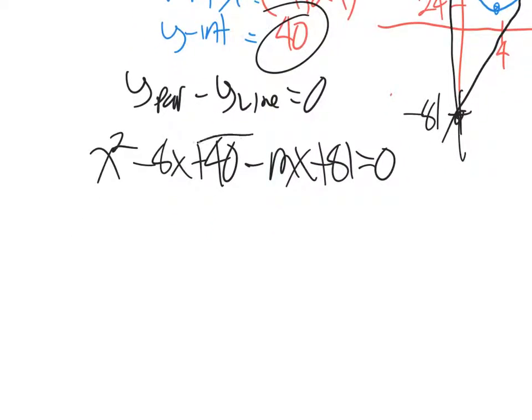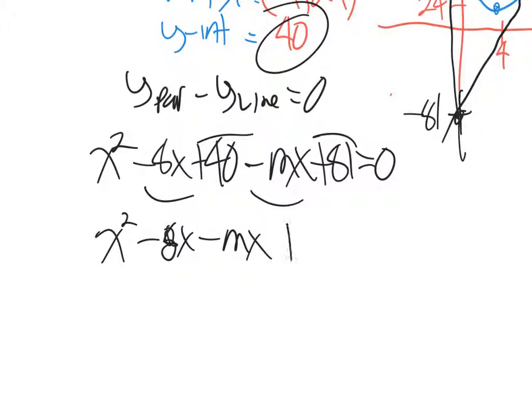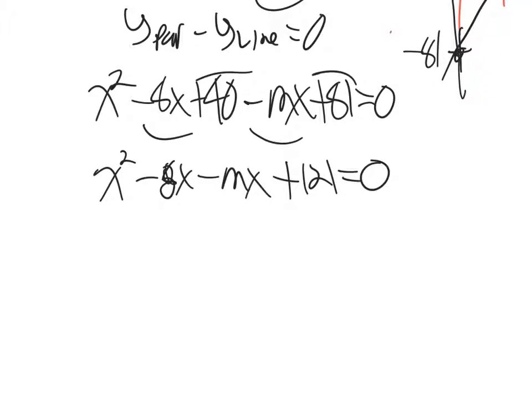So now I collect like terms. The negative 8x and the mx are like terms. x squared minus 8x minus mx plus 121 equals 0. That gives us a, b, and c.